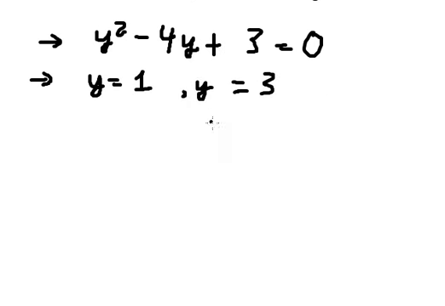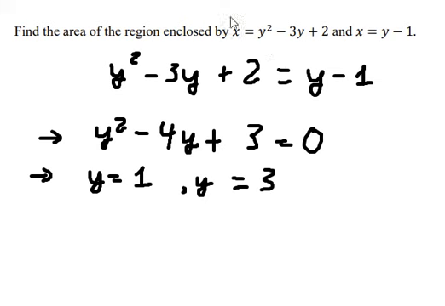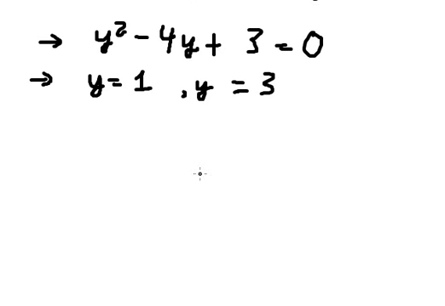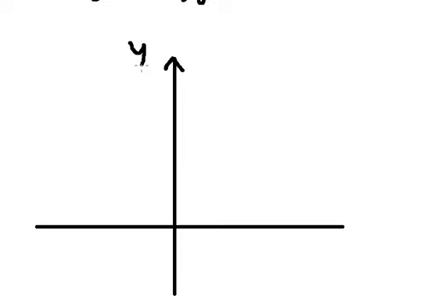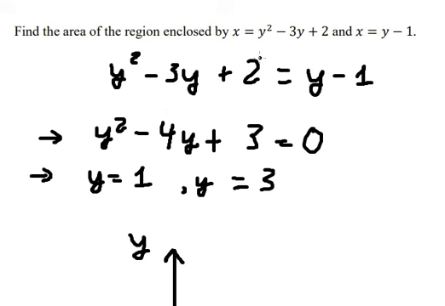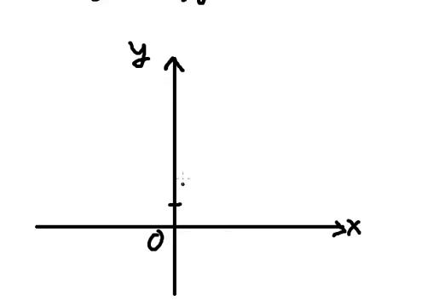And now we need to graph this one and this one. About this one, we have like this. So before we find this one, we can set this one equal to 0. So we have y equals 1 and y equals 2 in here.